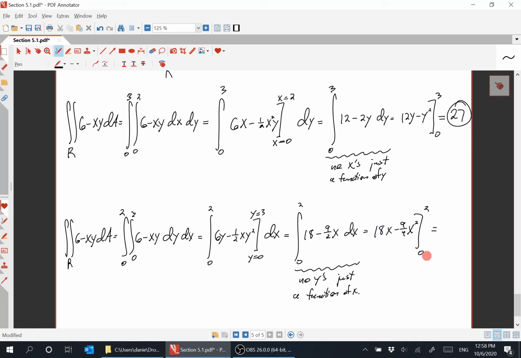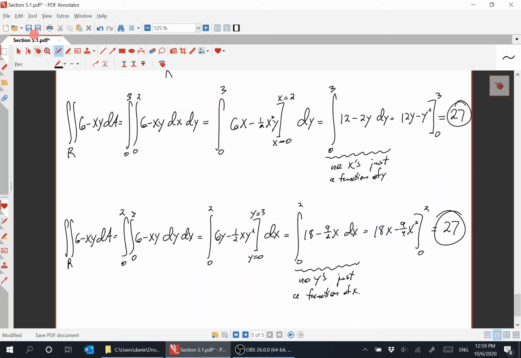And this is equal to 36 minus 9 times 4 over 4, which is just 9. So 36 minus 9, 27.